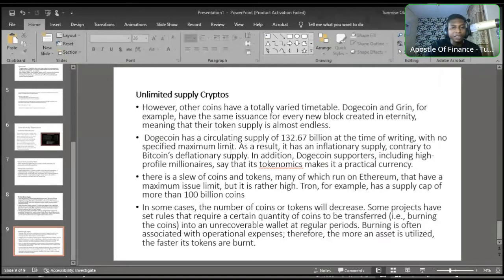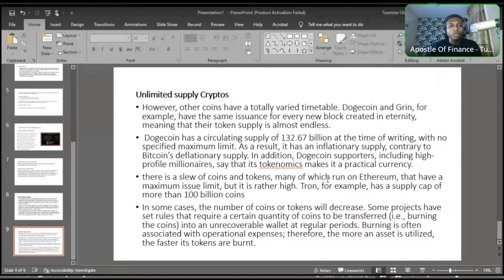It's not fixed, right? As a result, it has an inflationary supply, contrary to Bitcoin's deflationary supply. In addition, Doge supporters, including high-profile millionaires, say that its tokenomics makes it a practical currency.